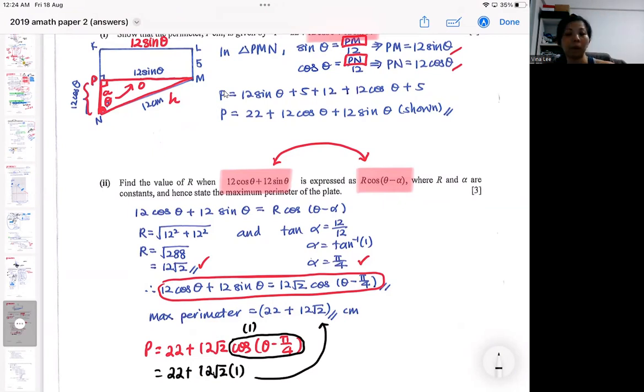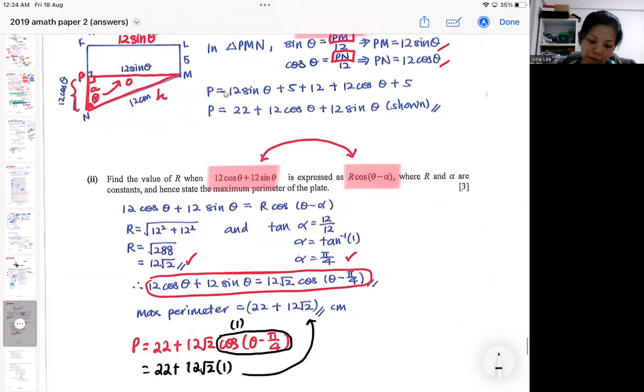and that's how I got the maximum parameter. In a way, the parameter is very much limited by the cosine function. If the cosine function doesn't go any higher, then the parameter cannot go any higher. So the maximum parameter happens when the cosine function is equal to 1.